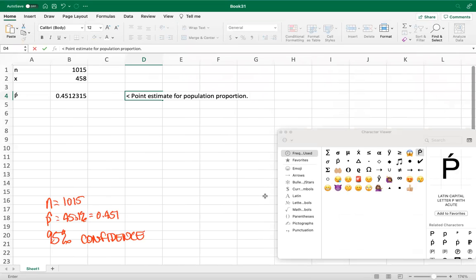So the value of our z-score, if we have 95% of the data here, that means that we're sharing 5% with either side. So this side over here on the left is going to have 2.5%. Over here, it's going to be the same thing, 2.5%. And now we're going to look for this z value right here.